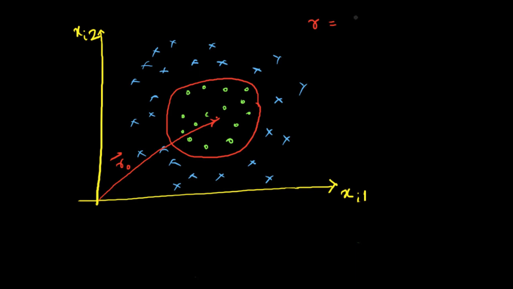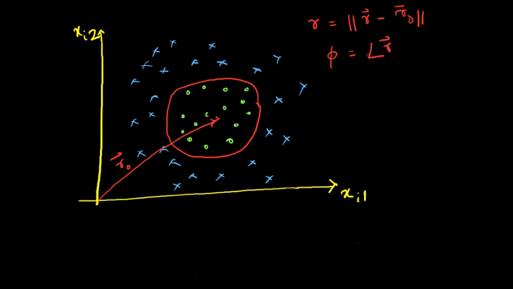So what you will have is the norm of the r vector minus r0 vector. So this could be one variable, and your phi will simply be, let's say, the angle of the r vector.